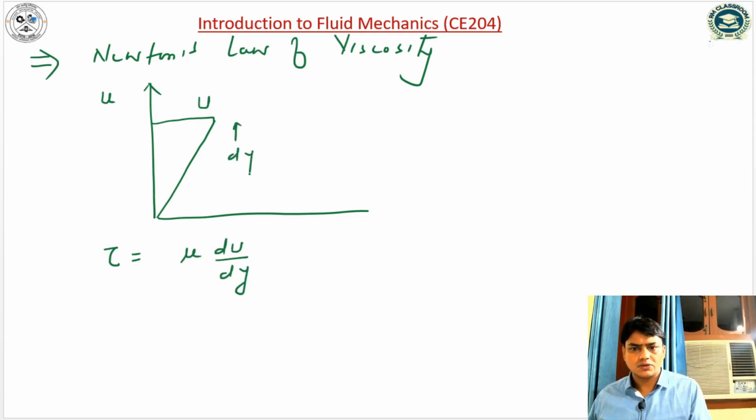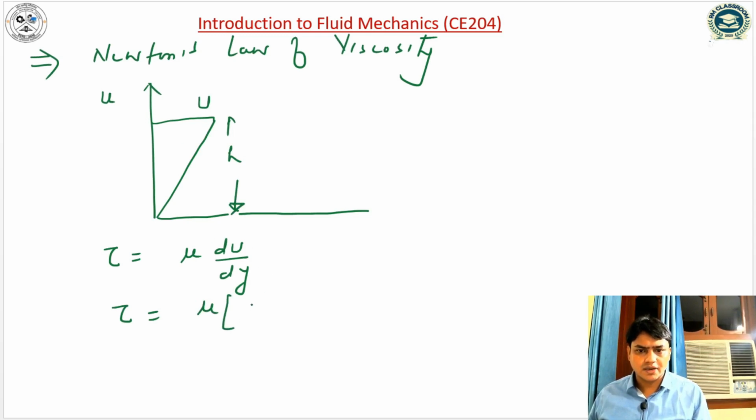This distance is dy. If I take this distance as h, then tau is equal to mu du, with the upper layer having velocity u minus 0 divided by h.